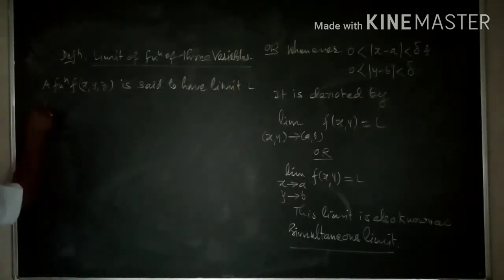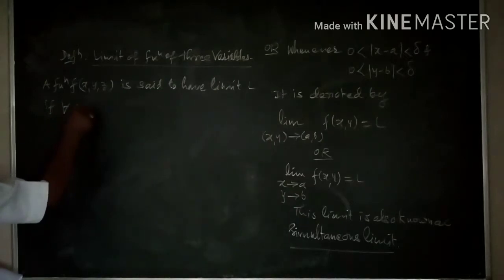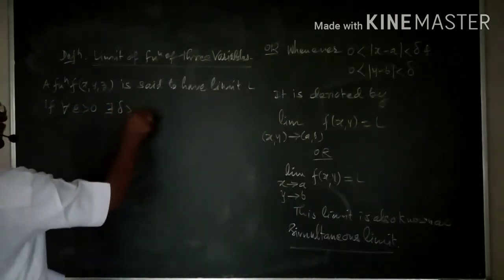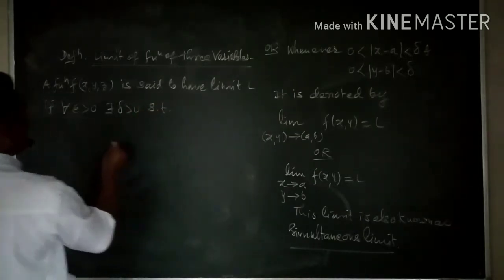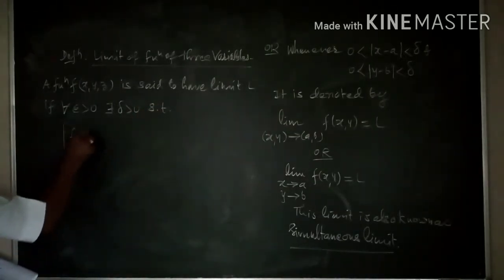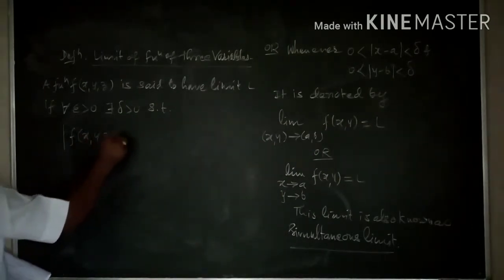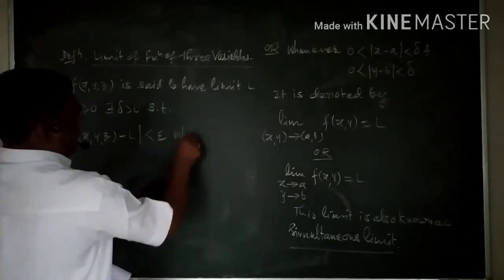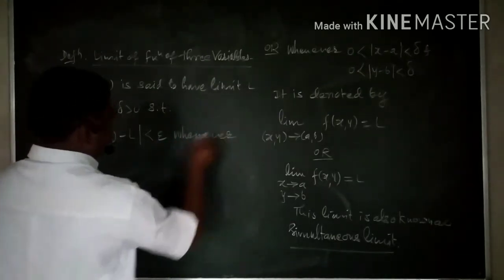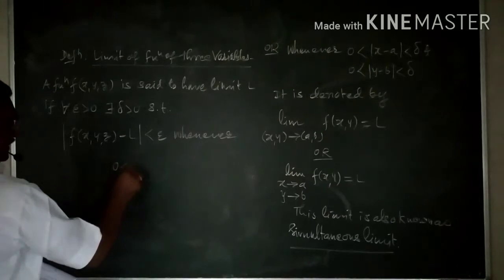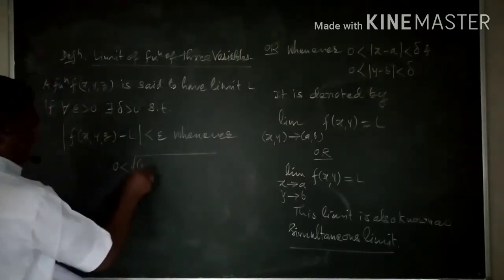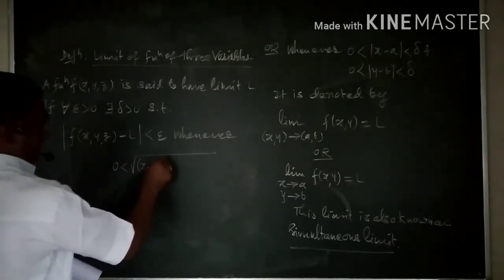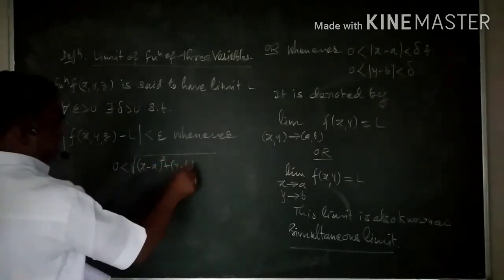if for every epsilon greater than 0, we can find delta greater than 0 such that the absolute value of f of x, y, z minus L is less than epsilon whenever 0 is less than the circular neighborhood, square root of (x minus a) squared plus (y minus b) squared.